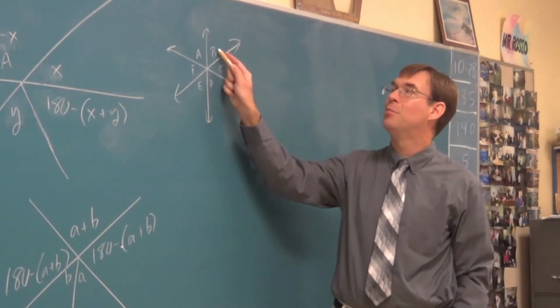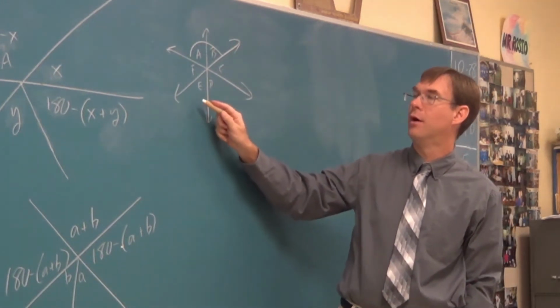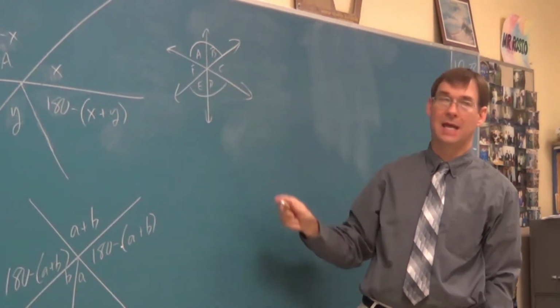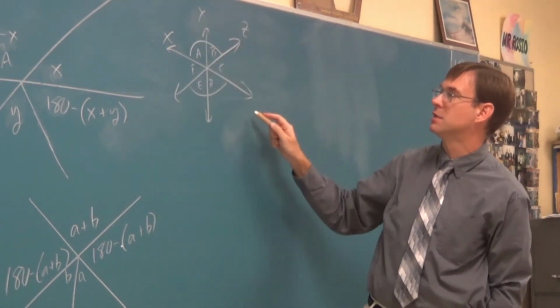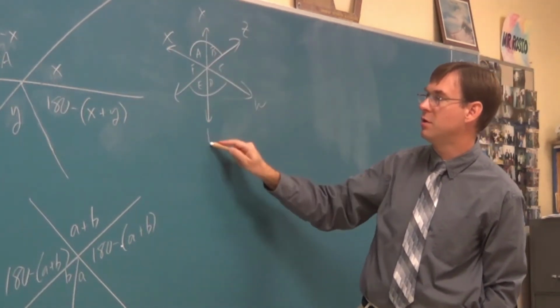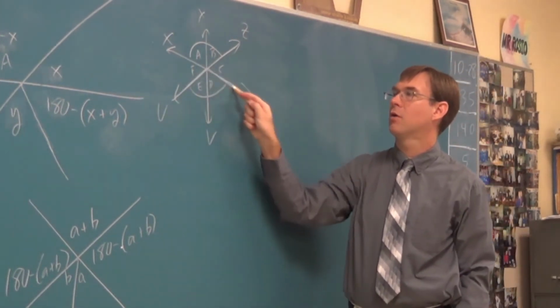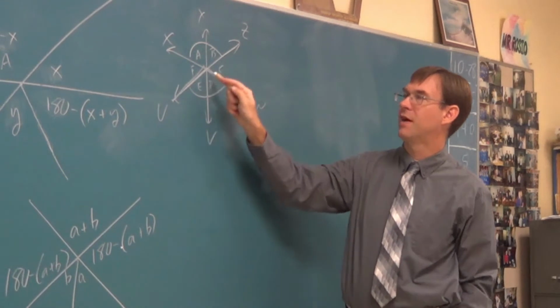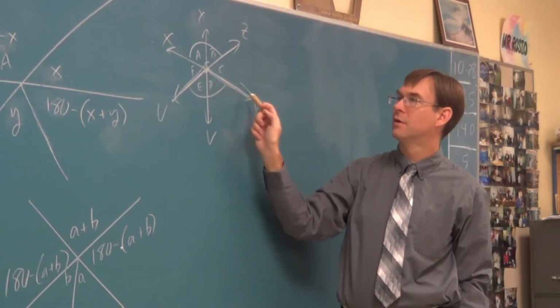If I put A and B together, A and B together is a match for E and D together. So if I threw letters on here like X, Y, Z, W, V, U, what would be the name of this angle? If I call this S, VSW.